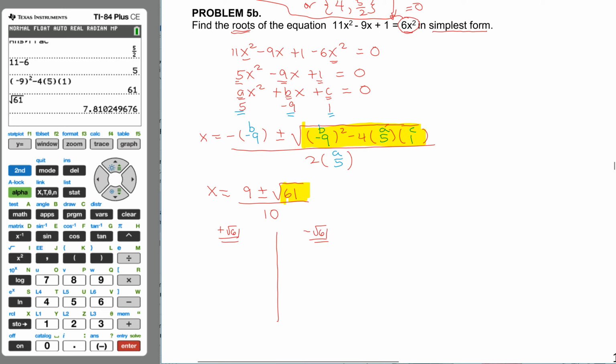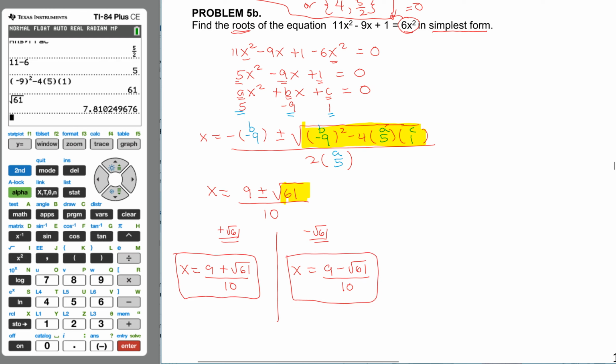So when you write your answer, it should be x equals 9 plus square root of 61 divided by 10. The other one is 9 minus square root of 61 divided by 10. So these are your solutions now.